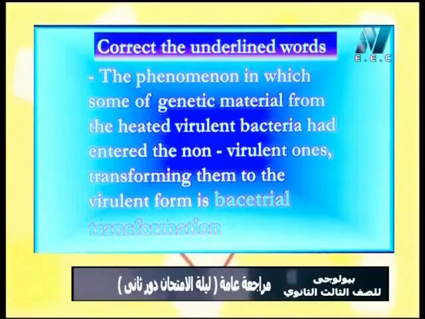Remember that when Griffith injected the rats with a mixture of living non-virulent bacteria and virulent bacteria killed by boiling, some rats died and the dead rats contained living virulent bacteria.